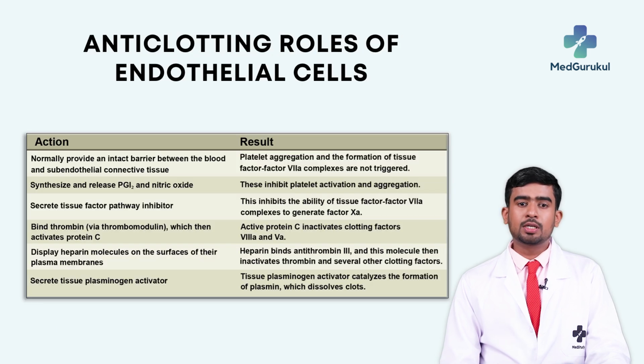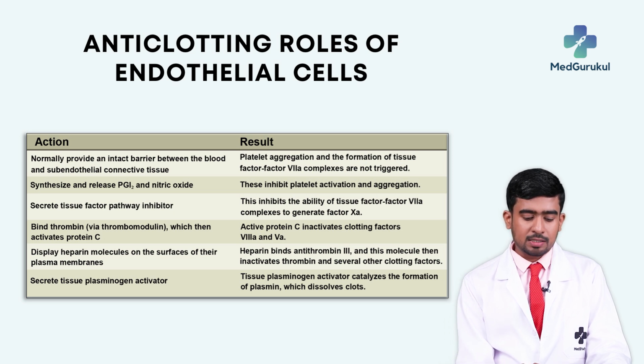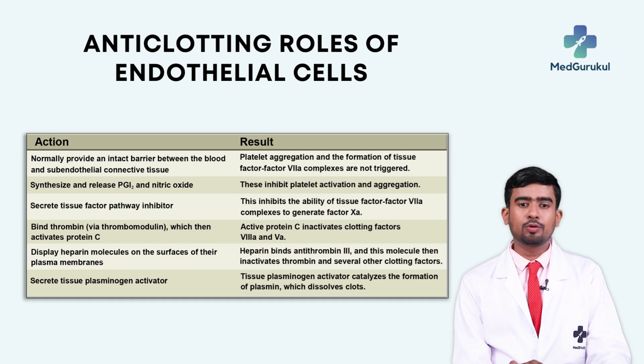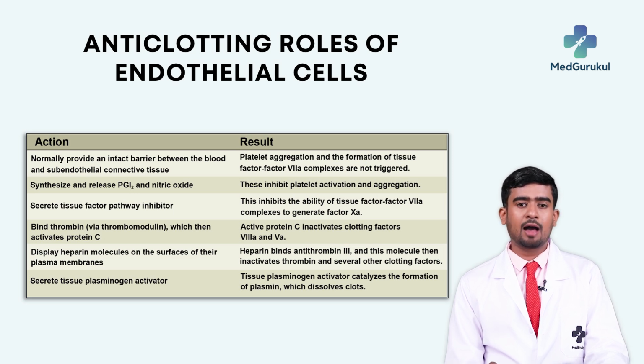So, in this picture, you can see the anticoagulant or anti-clotting roles of the endothelial cells. The first action is to provide an intact barrier. We know that the capillaries or the blood vessels are lined by endothelial cells on the inside, so that it is providing a smooth covering. There is no breach in the endothelium.